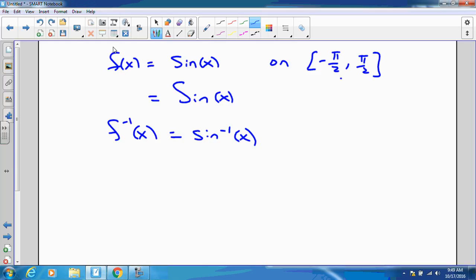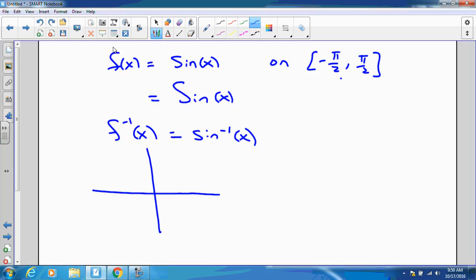Now, I didn't have to choose that domain. I could have chosen any domain for which the derivative has a single sign, possibly within points. If I do that, then we can sketch the graph by reflecting the graph of sine x about the line y equals x.